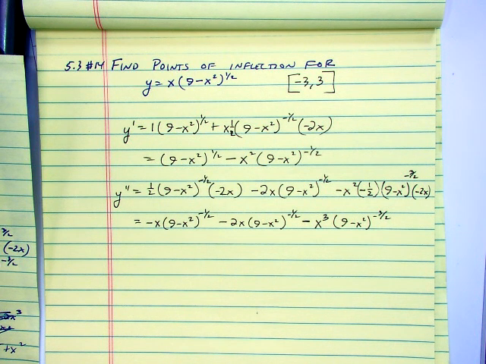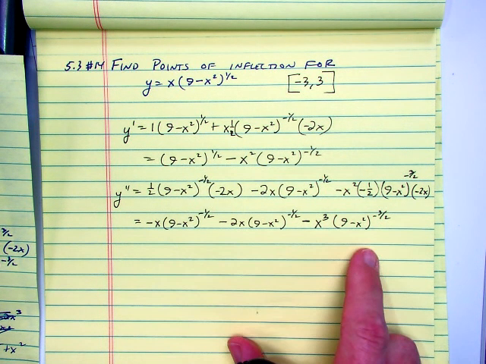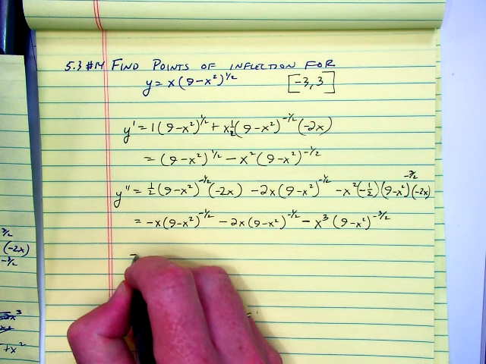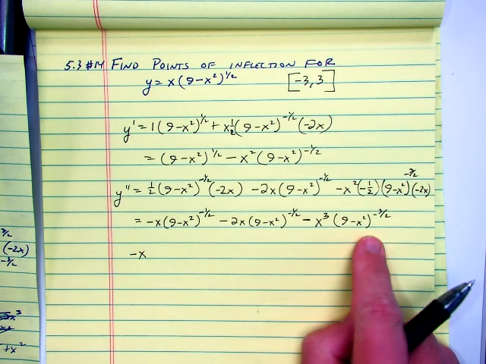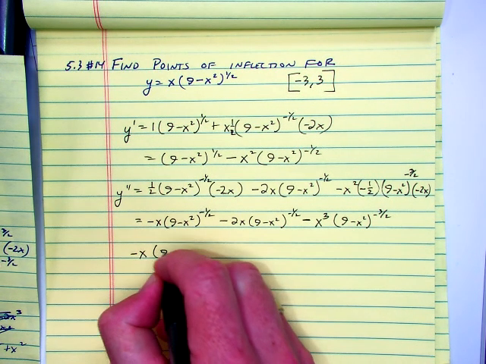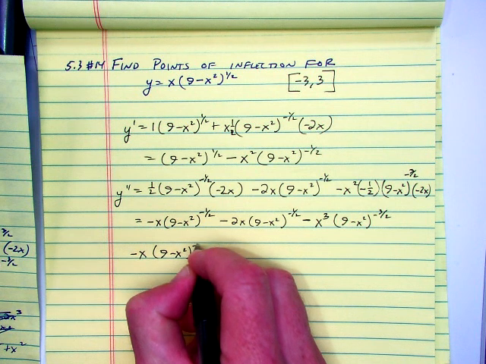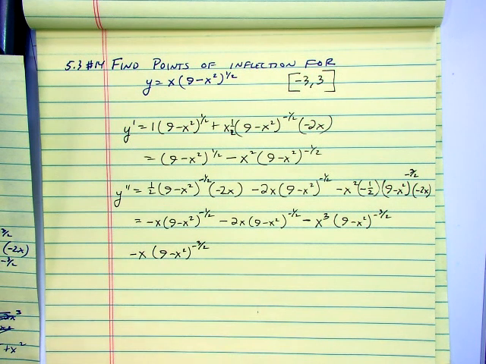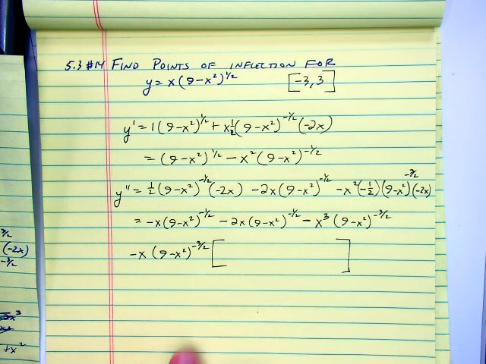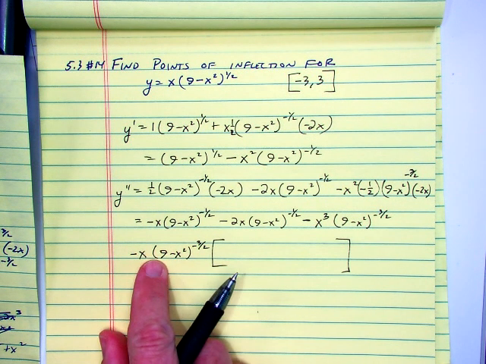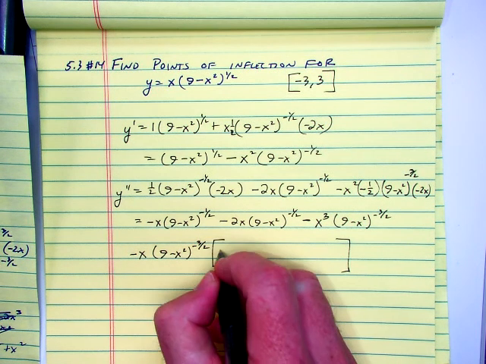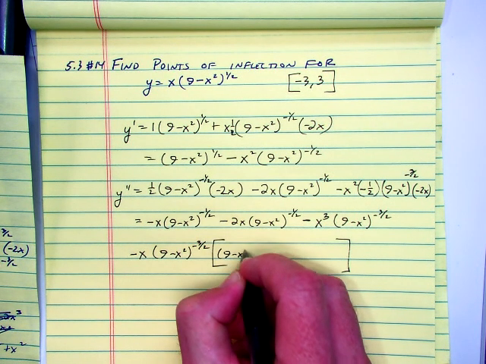So if I look at everything here, okay, what is common? Well, first of all, I have a -x common to everything. And what is the least of these powers is the -3/2 power. So I'm going to pull that out. Okay. All right. So now what is left is, well, everything is the same here except I'm down a full power. So it's going to be times 9 minus x squared times 1.